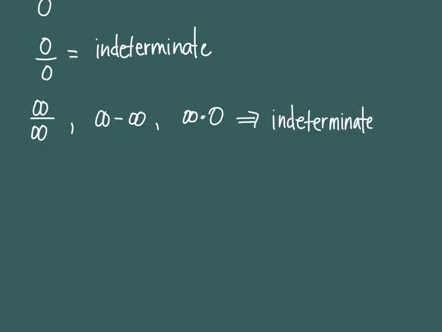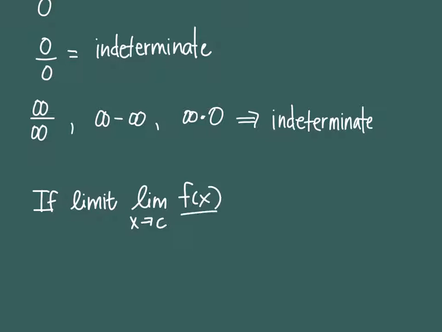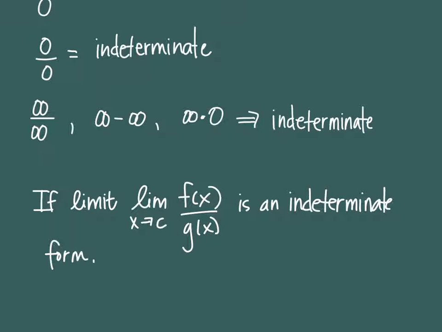So the rule says if the limit as x approaches c, let's call c a constant, of any f divided by any g, if that limit is an indeterminate form of any kind, then you can apply Bernoulli/L'Hopital, which says take the same limit of the ratio of the derivatives, so f prime over g prime.